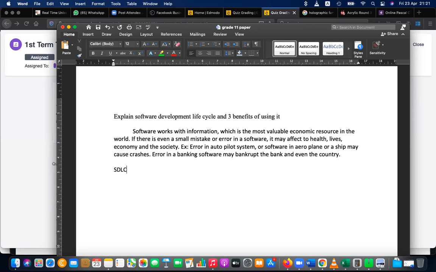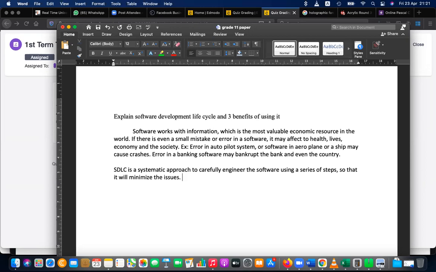SDLC is a systematic approach to carefully engineer the software using a series of steps, so that it will minimize the issues.